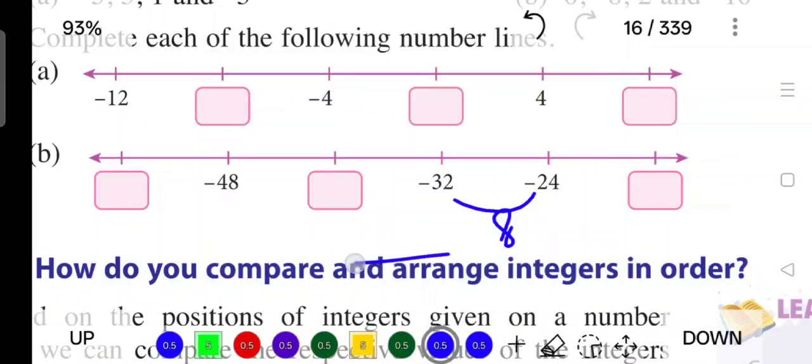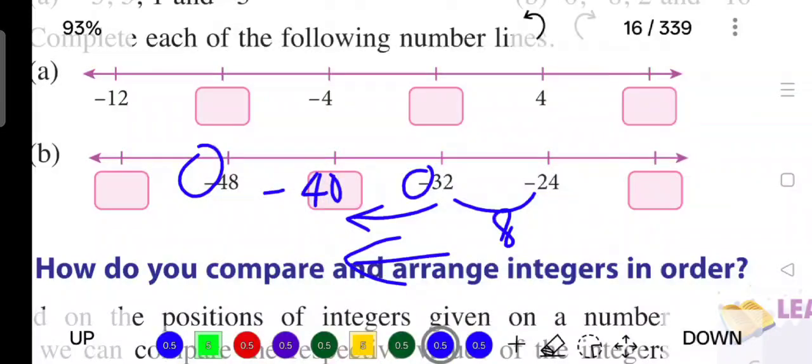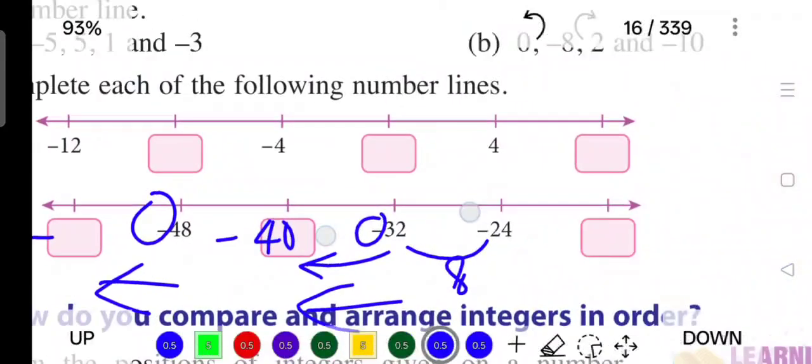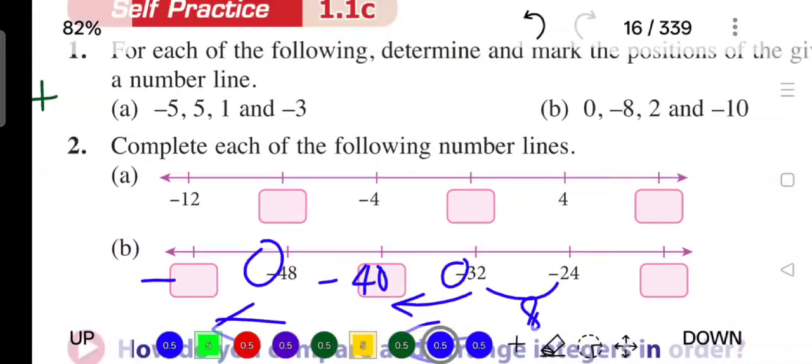Towards the left it's increasing, so you tambah 8 lah. You plus 8, so maybe maintain your negative sign, you get negative 40. Same thing, you tambah 8 but maintain your negative sign. That is how we do it in a fast manner.